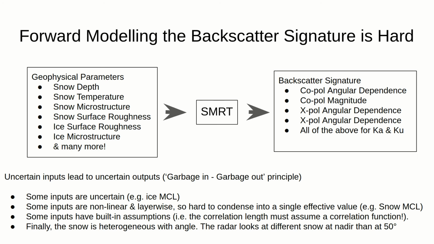So SMRT is a forward model for backscatter, so it takes in the geophysics and it models the Ku and Ka band co and cross pole backscatter at different angles.